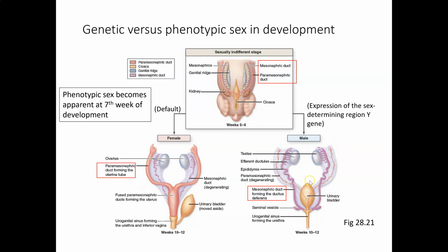And in the male system, because the Y chromosome expresses genes, those are the sex-determining genes for male reproductive system development. So you're going to have the paramesonephric ducts degraded, and instead you are going to have further development of the mesonephric ductal system.